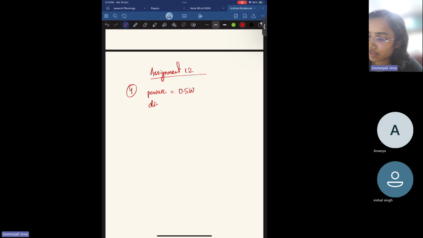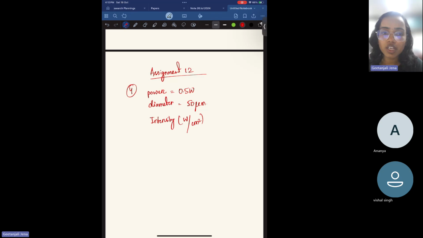What is the intensity of the laser beam in watt per centimeter square at the focus spot?